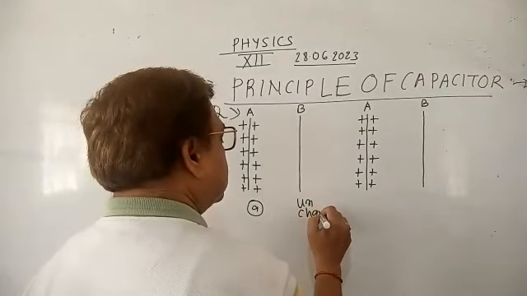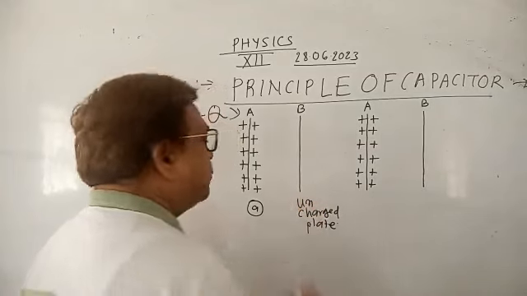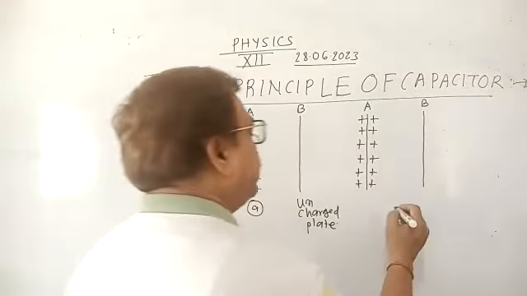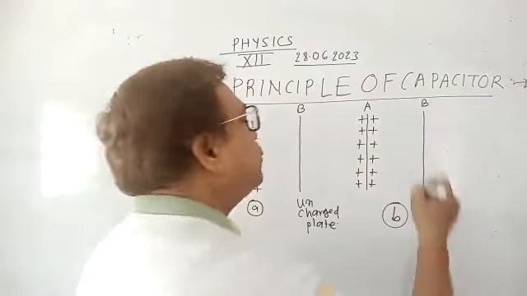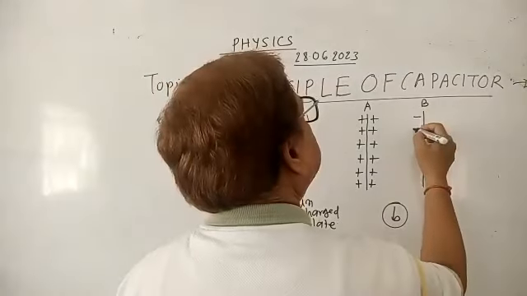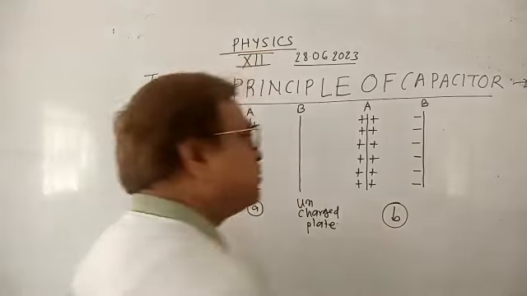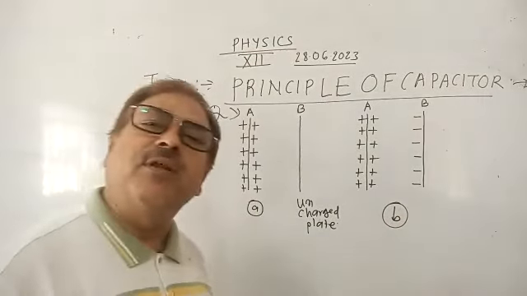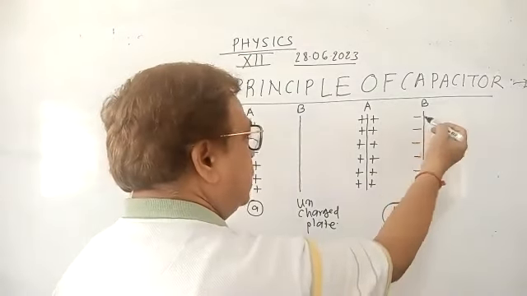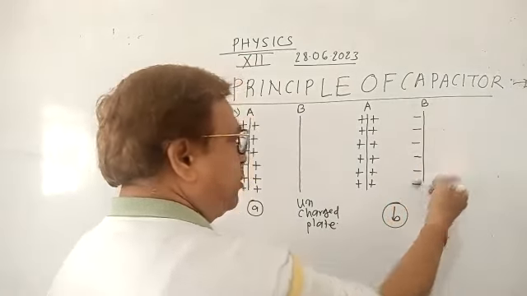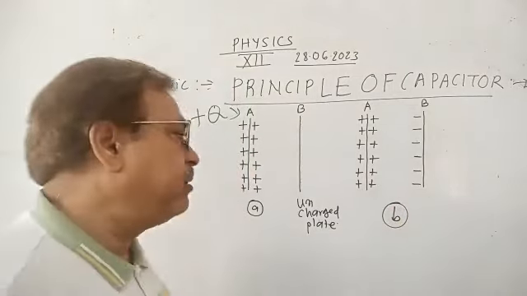What happens if induction takes place? Due to the induction, negative charges are produced on the left surface of the second plate. You can count how many induced charges are produced. Due to the positive charge, induced negative charges are produced on the left surface of plate B.